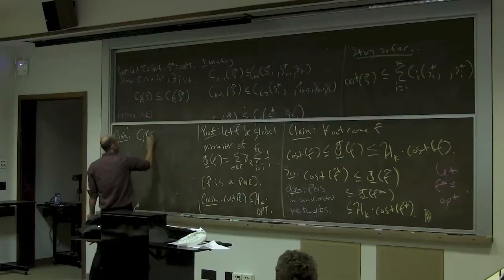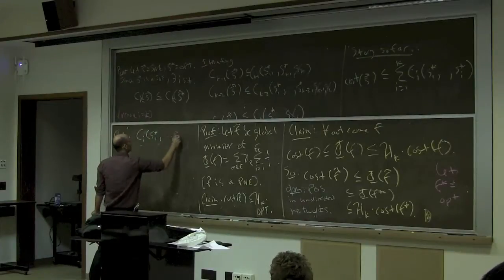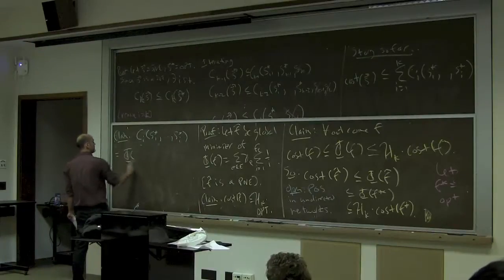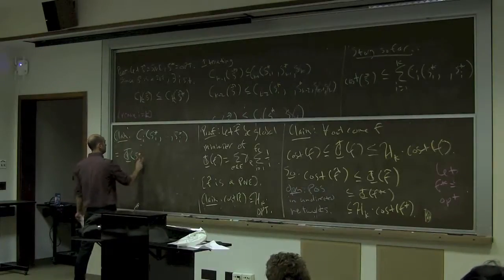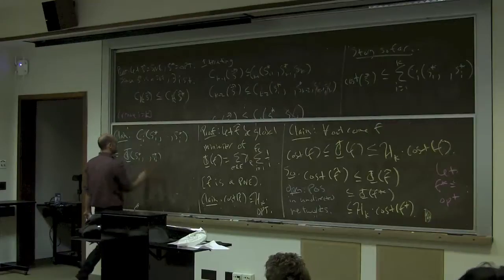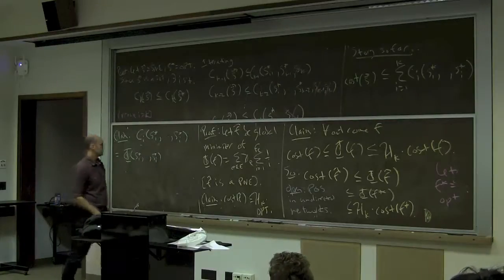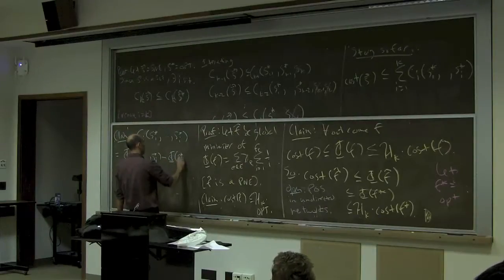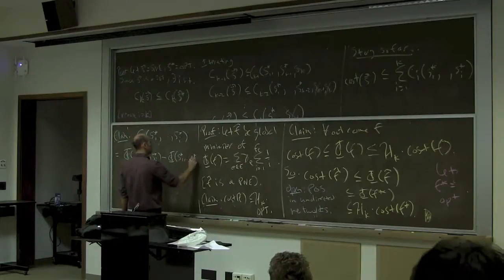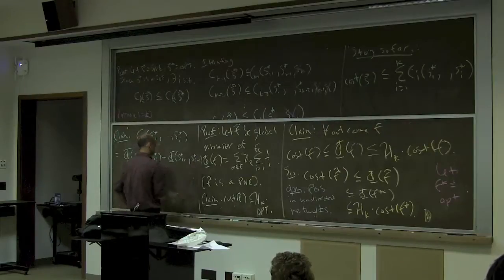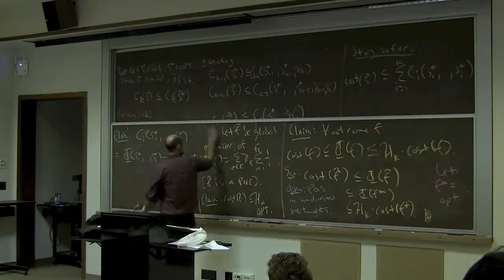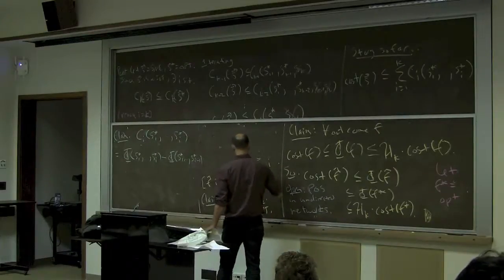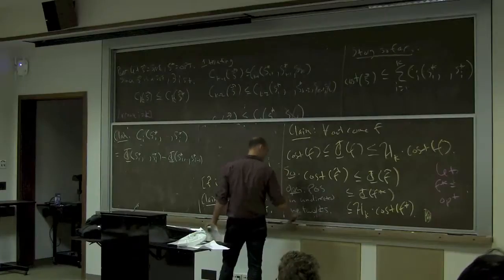So I claim that the ith summand can be written as the difference between the potential when you have the first i players and they're playing the strategies in S star versus when you only have the first i minus 1 players and they're playing the strategies in S star.